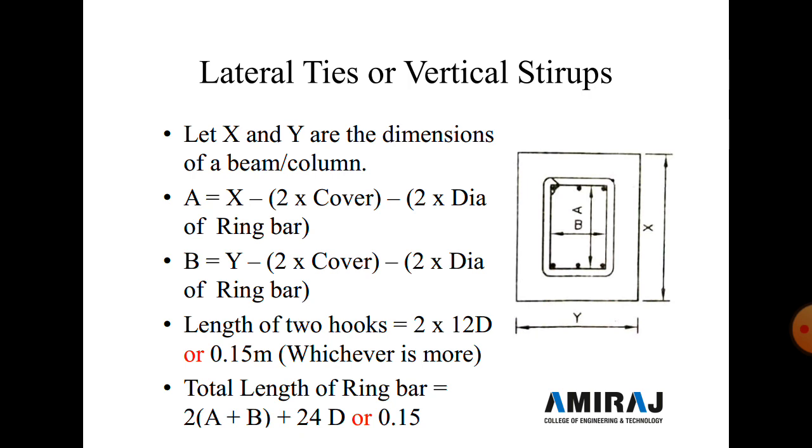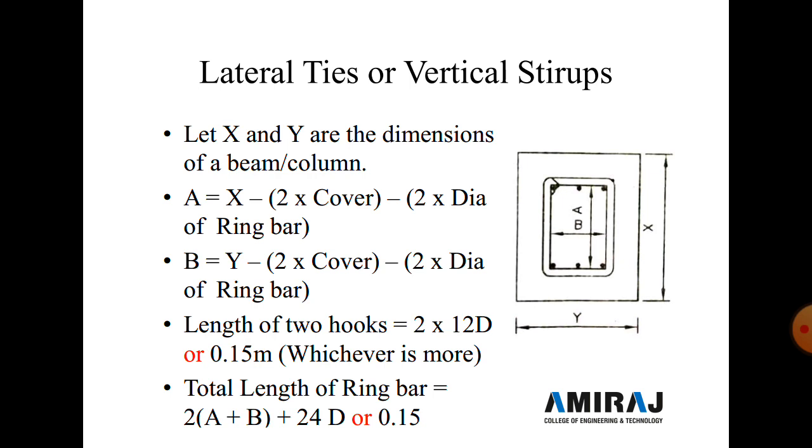Here we generally use a 10 mm diameter ring bar. Now B is equal to y, the width of the beam or column, minus 2 times cover, because cover is provided at both ends, minus 2 times the diameter of the ring bar.